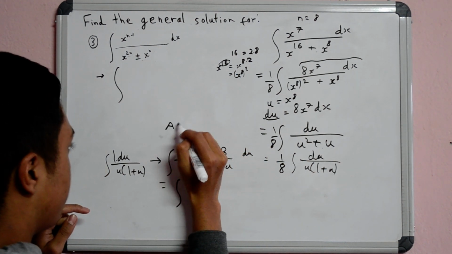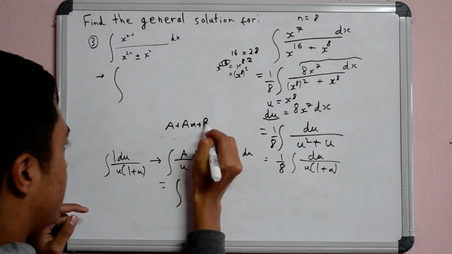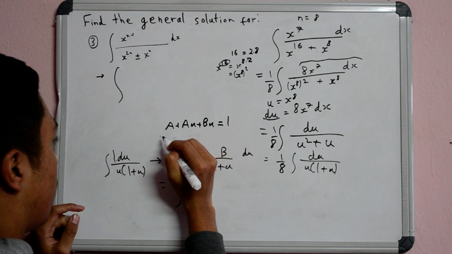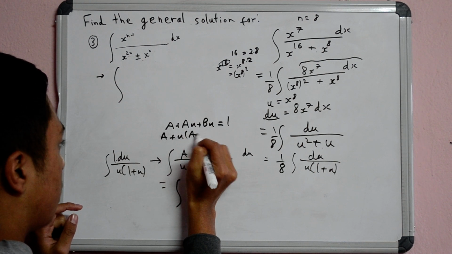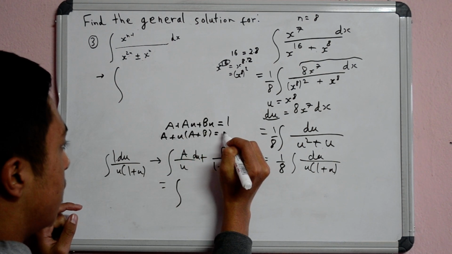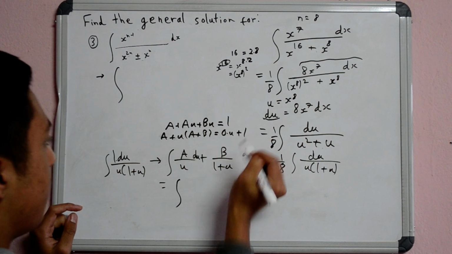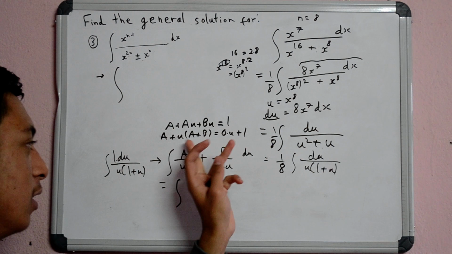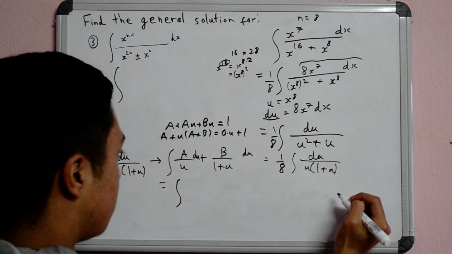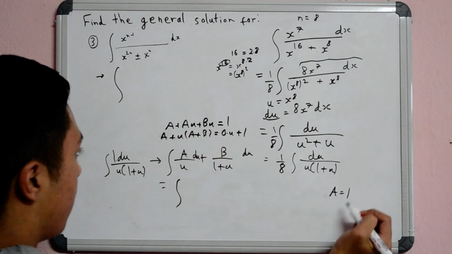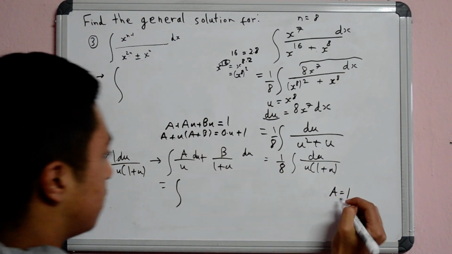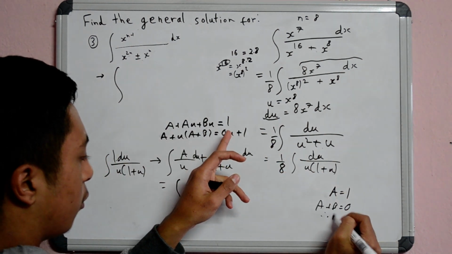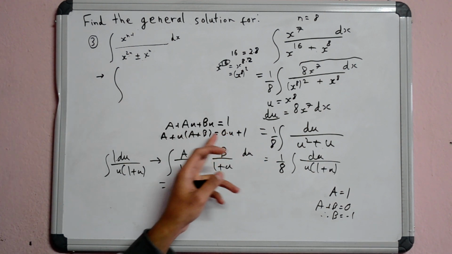You'll get a plus au plus bu, which should equal 1, or a plus u into a plus b is equal to 0 into u plus 1. And here, the coefficients must be the same, so that means we must have a equals 1, and that means that a plus b is equal to 0 right here. Therefore b is equal to minus 1.